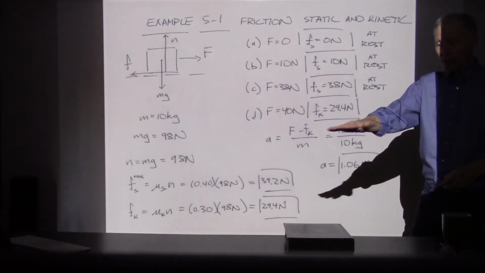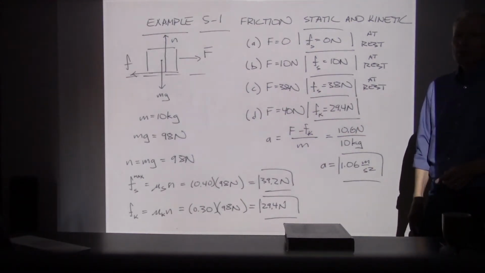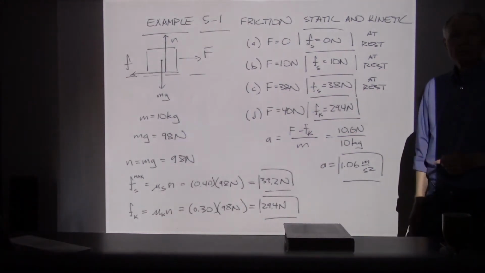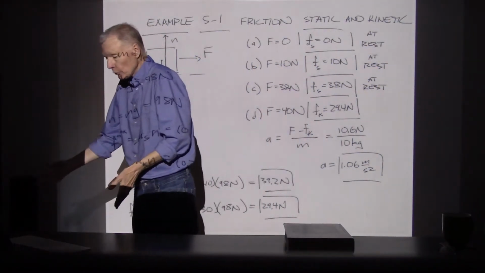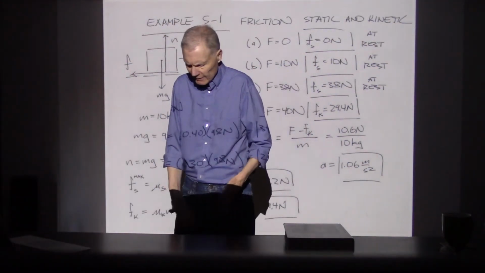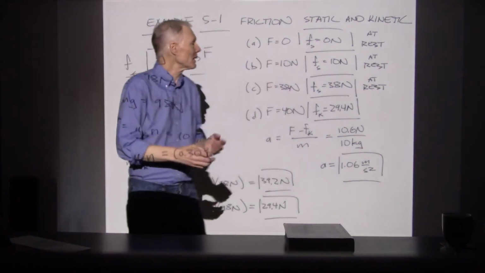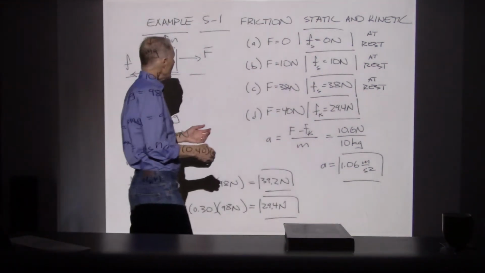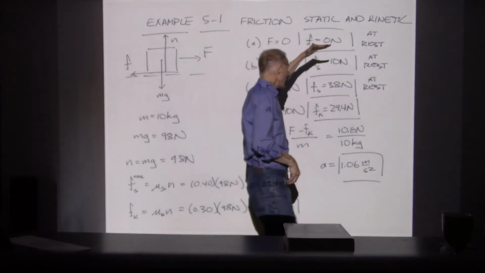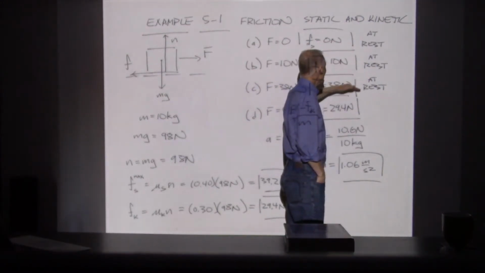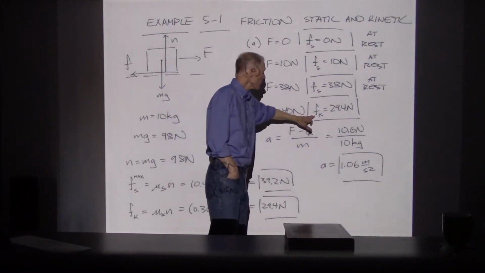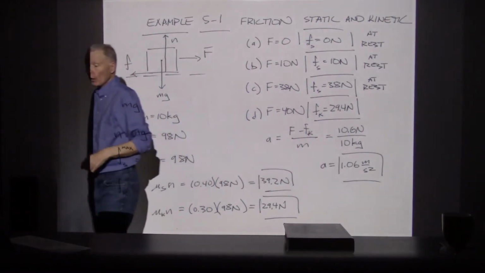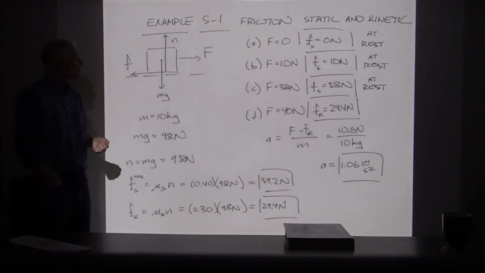Even though the objects are moving, you could have static friction on a moving object. I'm writing this as at rest, but more generally, it's saying there's no sliding taking place. But at 40 newtons, sliding begins. Or at 39.2 newtons, sliding begins.